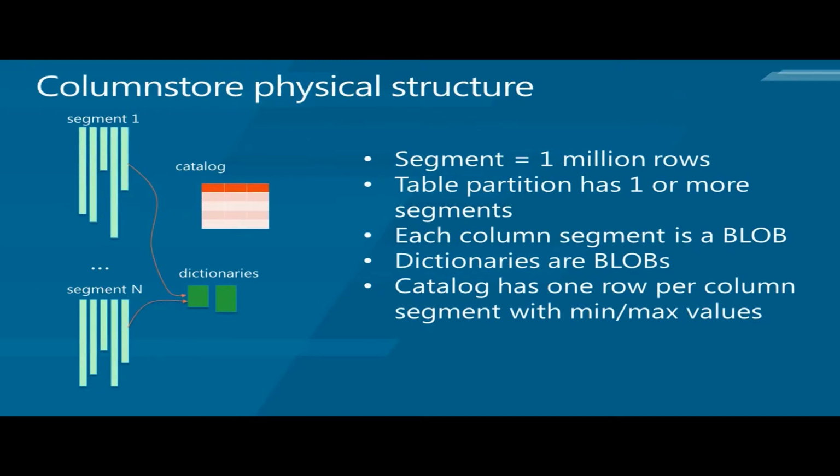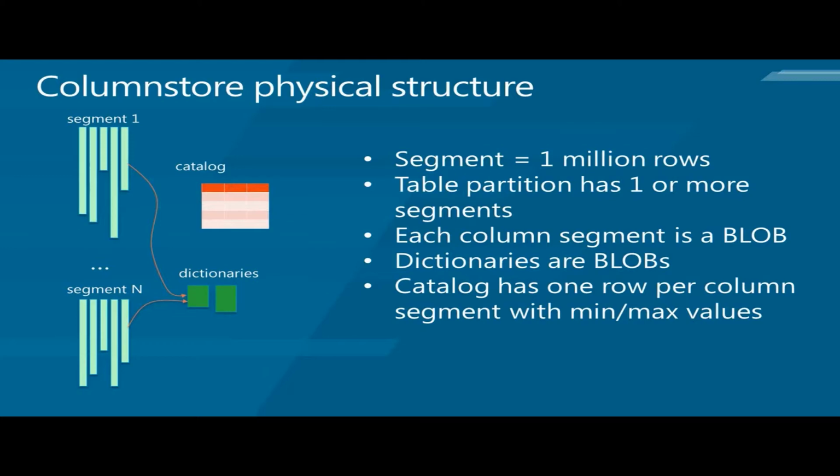So the column store physical structure is based on this notion of a segment, as I described. There are about 1 million rows per segment. Each column within a segment is stored separately on disk, and the unit of movement between disk and memory is a column segment. So one of those pale green blocks represents one column's worth of data from one of these 1 million row segments.